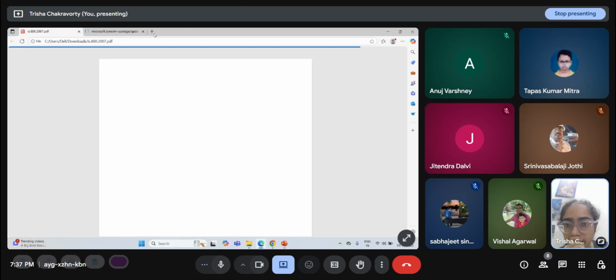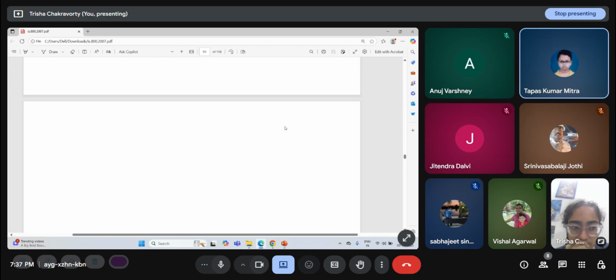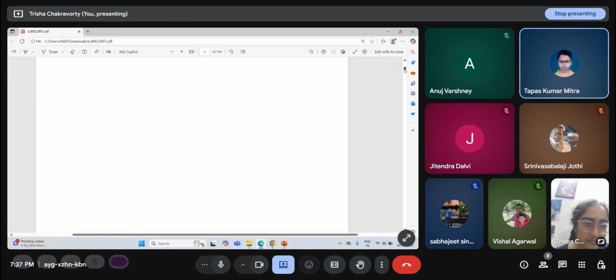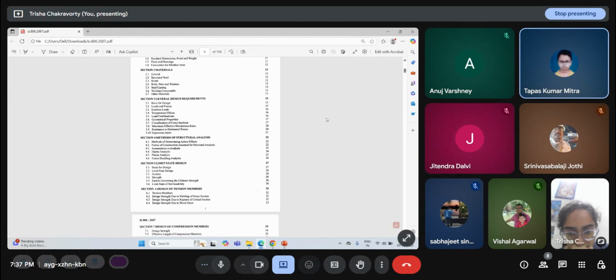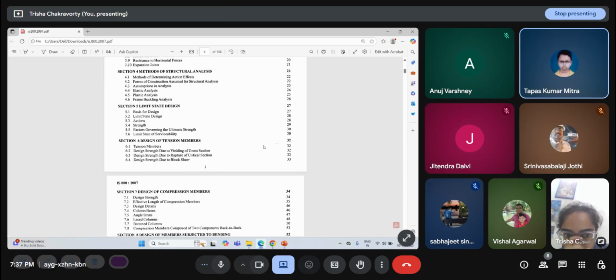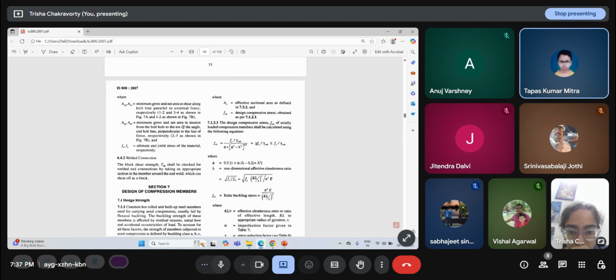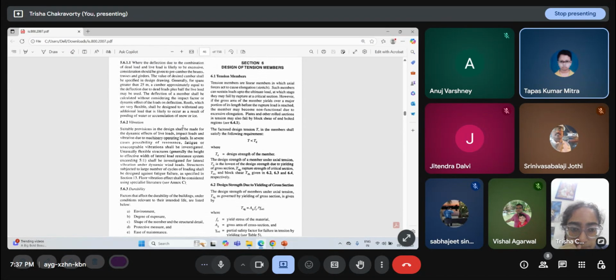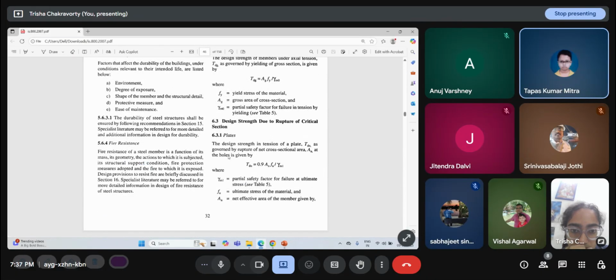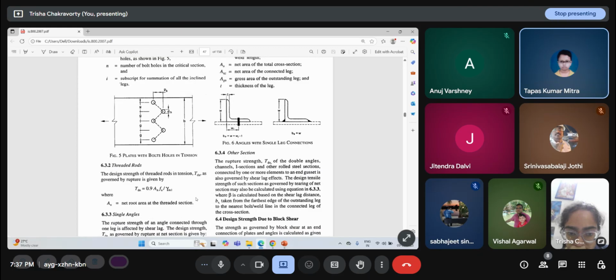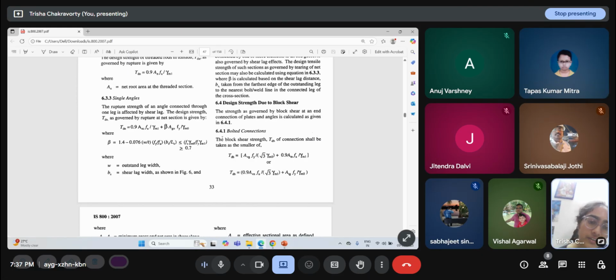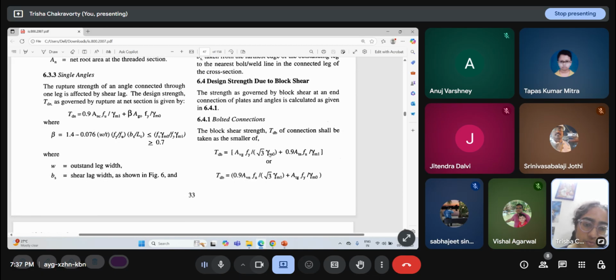Let's see. So for bolted connection, the block shear strength Tdb of connection shall be taken as the smaller of Avg divided by root 3 gamma m0 plus 0.9 Atn fu by gamma m1.